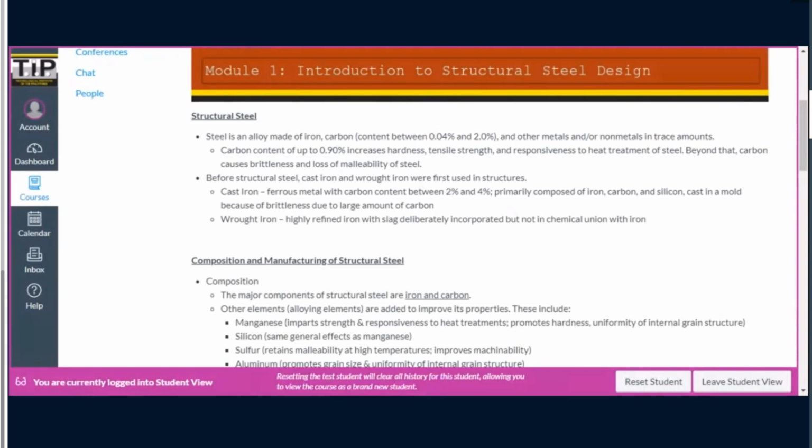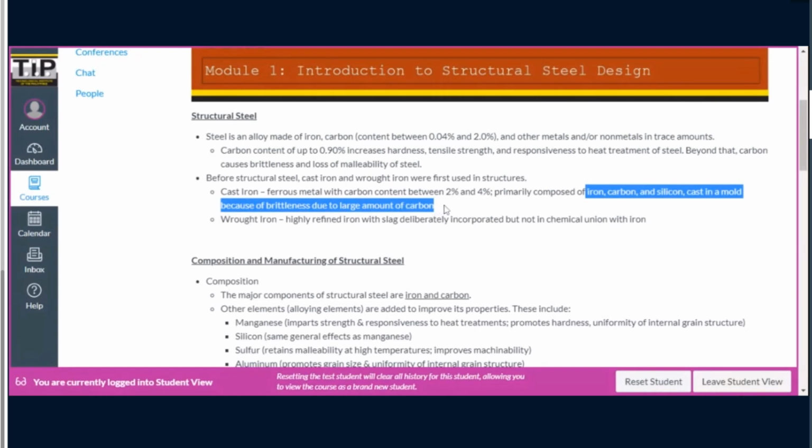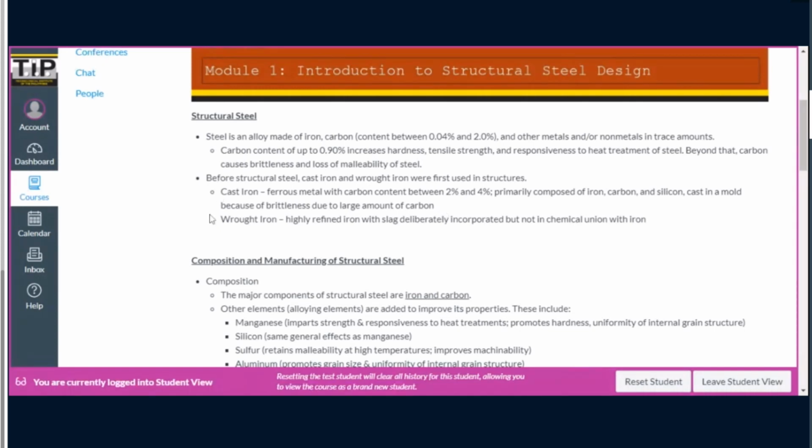Cast iron is primarily composed of iron, carbon, and silicon, cast in a mold because of brittleness due to the large amount of carbon. The disadvantage of this one is that it becomes brittle as time goes on. That's why cast iron declined in use as structural steel is produced more.